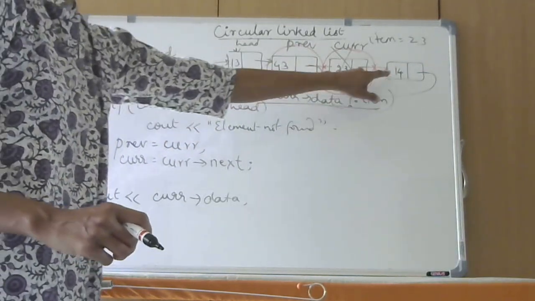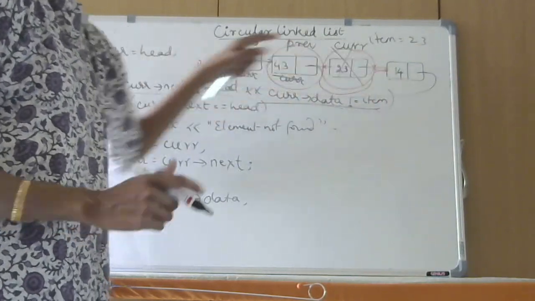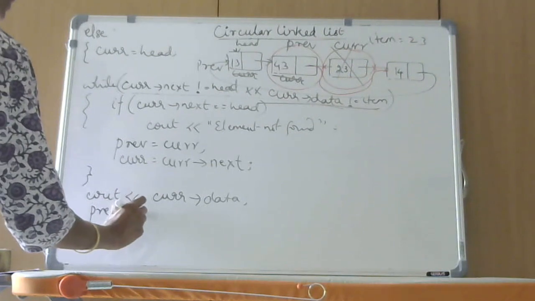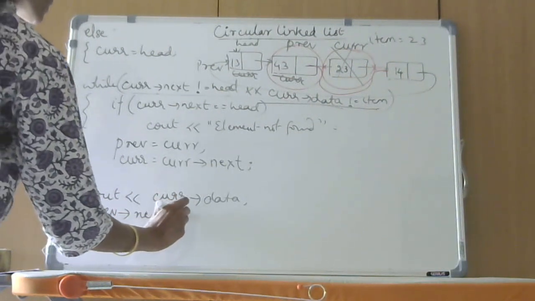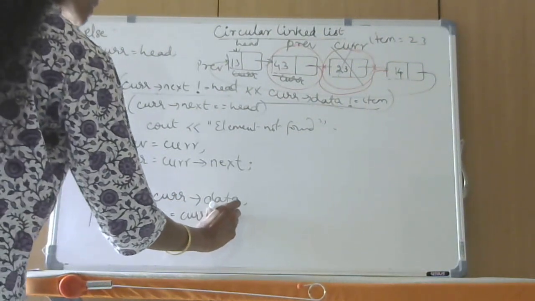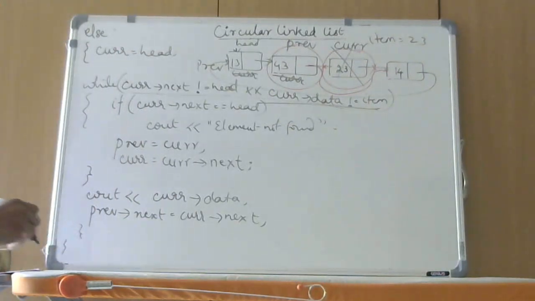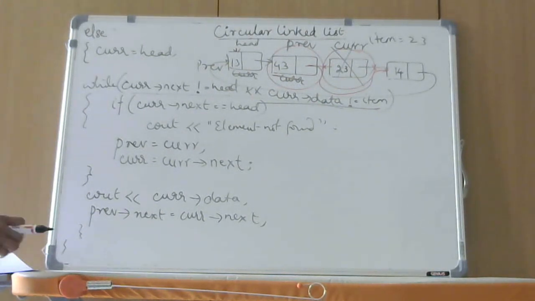Previous of next is equal to current of next. That is how I make that connection. So that is how you delete a specific element in the circular linked list.